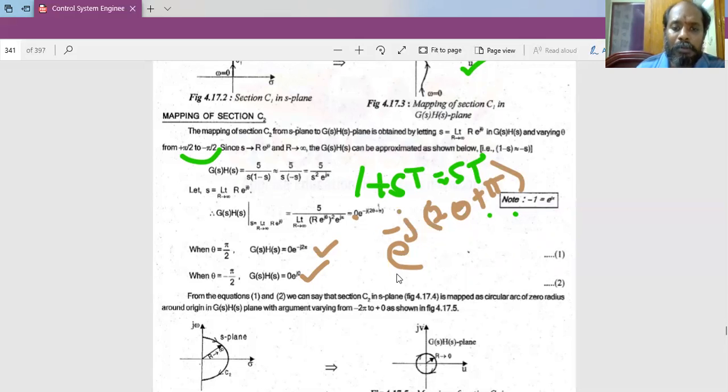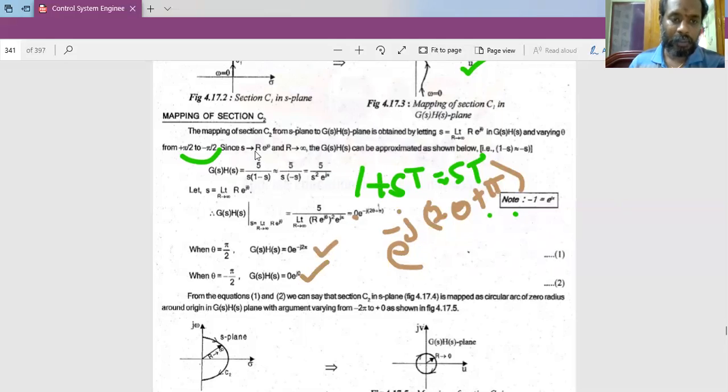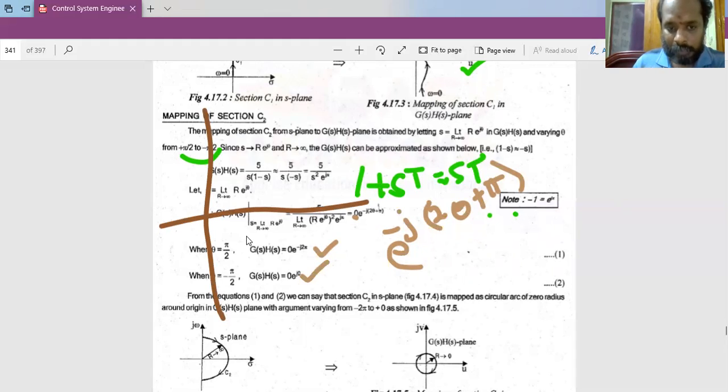So how can you draw the mapping? I will take another color. Try to explain it. You'll see this is your g of s, h of s plane.